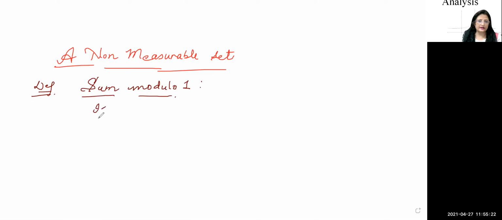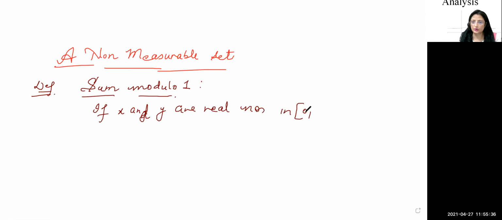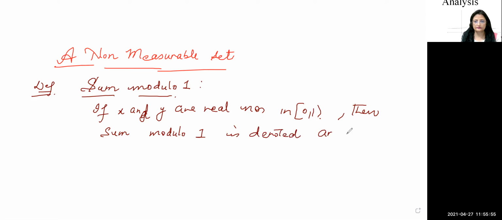If x and y are real numbers in the interval, this is semi, 0 is closed and 1 is open, then the sum modulo 1 is denoted and defined as x plus y.